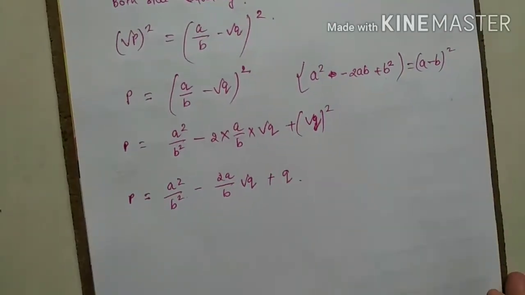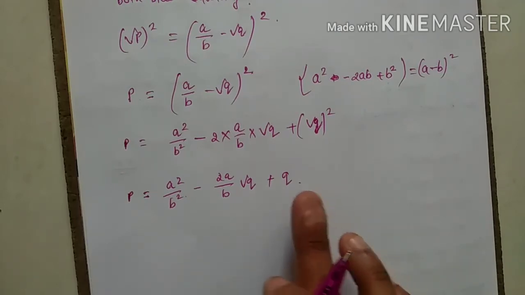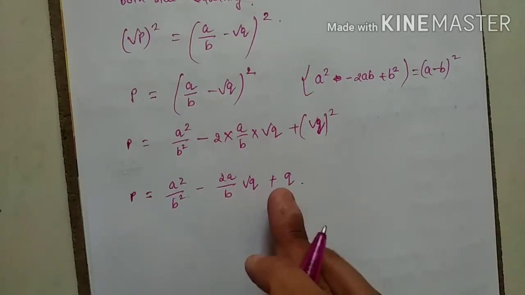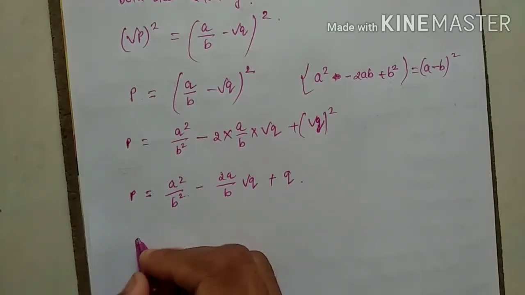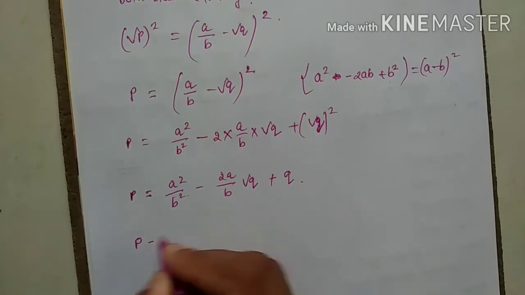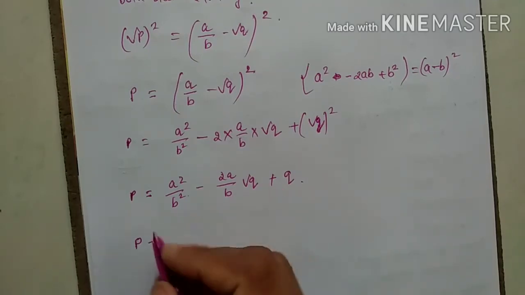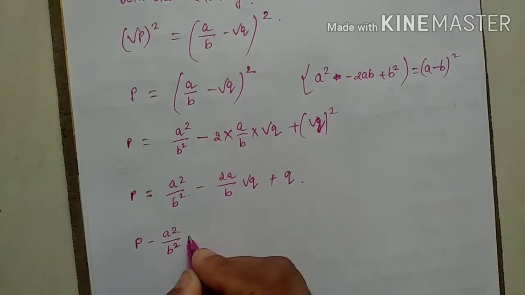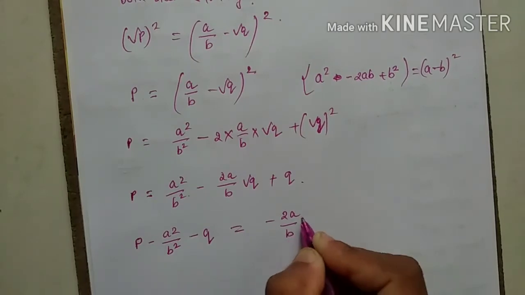After that I am sending the remaining part this side. How? p minus this. Or I can do, yes, I can send this way. So p minus a square upon b square minus q is equal to minus 2a upon b into root q.